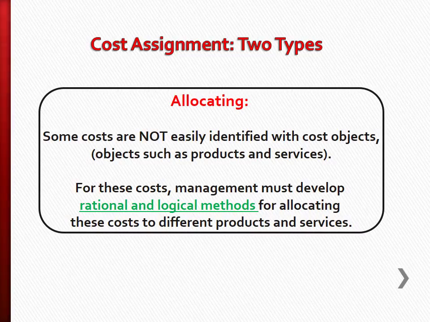Now, other costs are not as easily traced to a cost object. Some costs have to be allocated. For these costs, management must develop rational and logical methods for allocating costs to different products and services. So once again, think of wheel coaches and that first department, sheet metal.